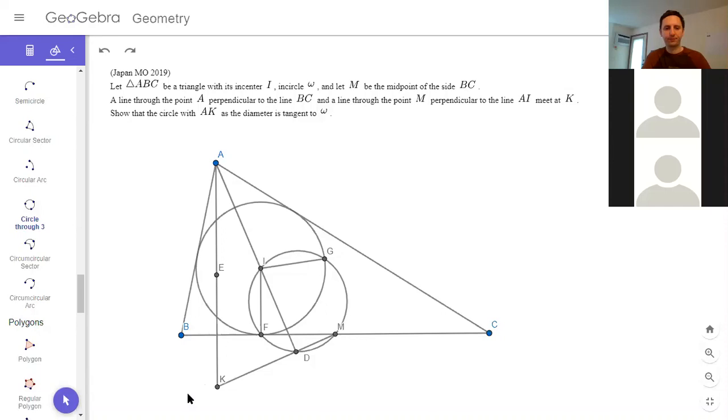I think the angle IGM is 90. Yeah, first I'm trying to think how to show EI and G are collinear.